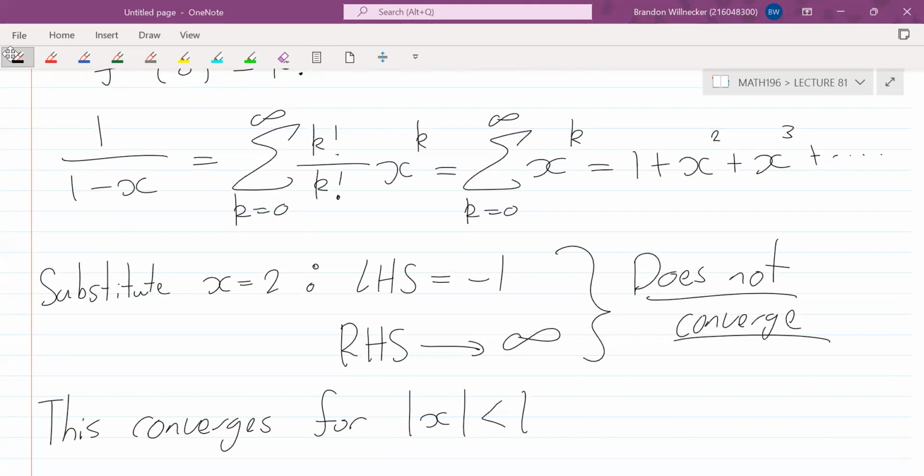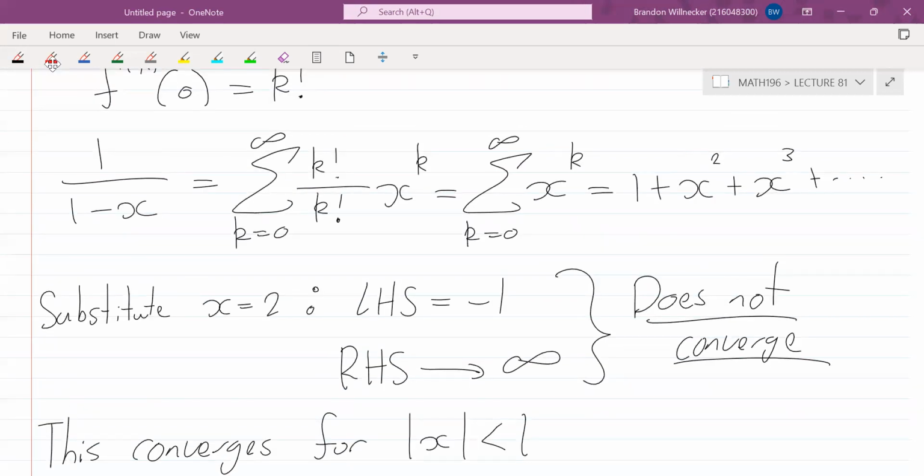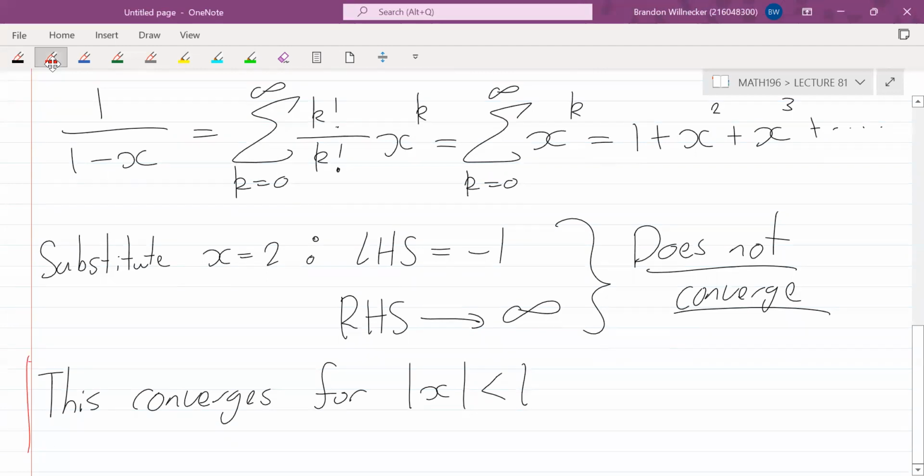If x is outside this region, then the right-hand side goes off to infinity, whereas the left-hand side remains finite, and so there's this mismatch, and so it does not converge. So this function is analytic, but only on this domain here.